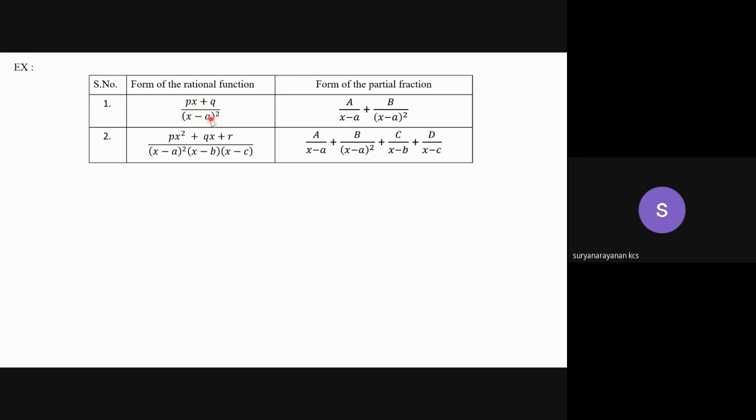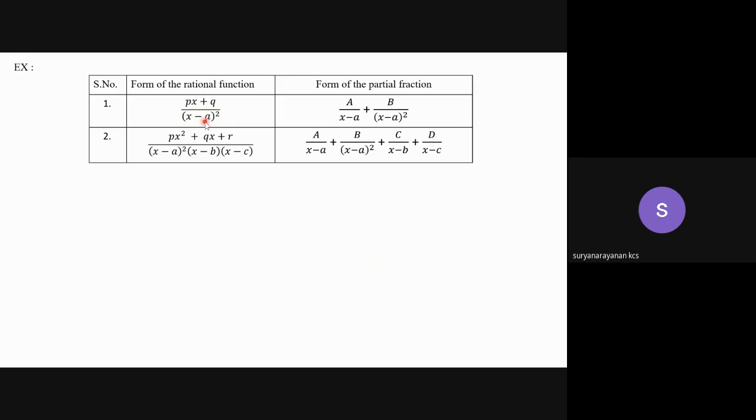In the denominator, this is a repeated linear factor. How many times is this linear factor repeated? Whole square is there for this linear factor, which means this linear factor is repeated 2 times.